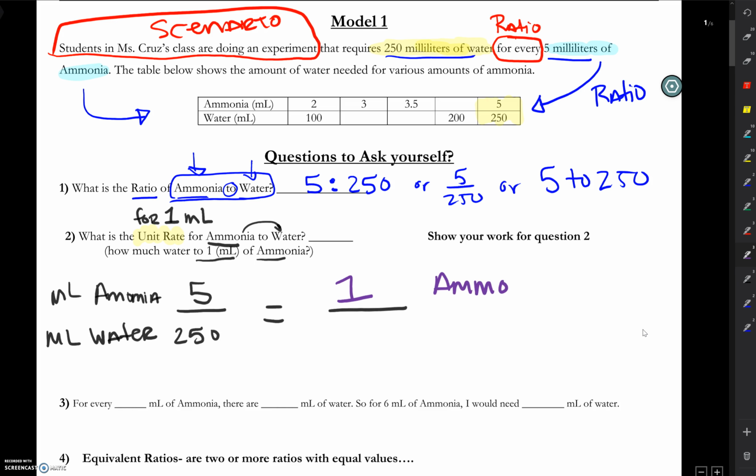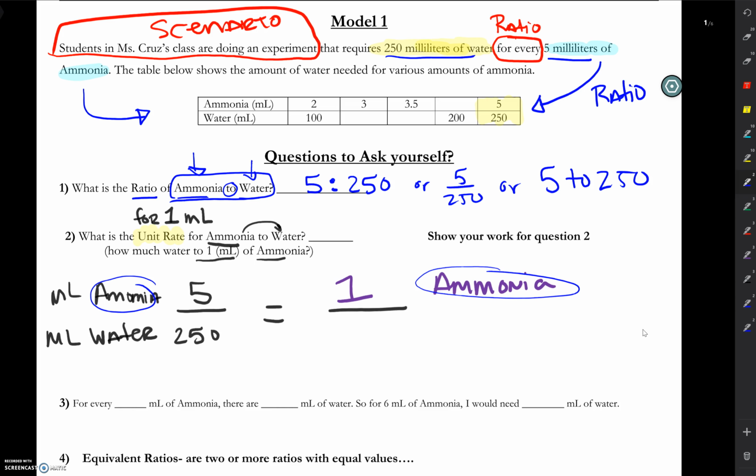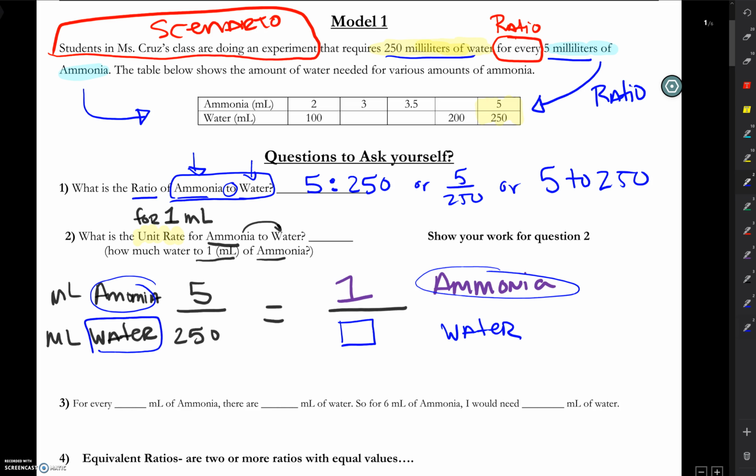And if you notice, I put ammonia on top, and I also put ammonia on top. So I'm creating a ratio in fraction form. And then we have water down here, and it's 250, but we don't know how much water we're going to need. So I'm just going to put a box there. I could put a question mark. I could put a variable. I could put anything there.